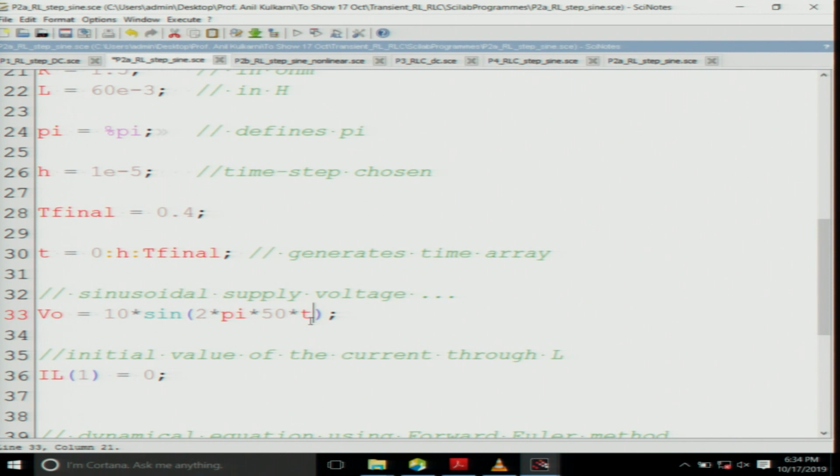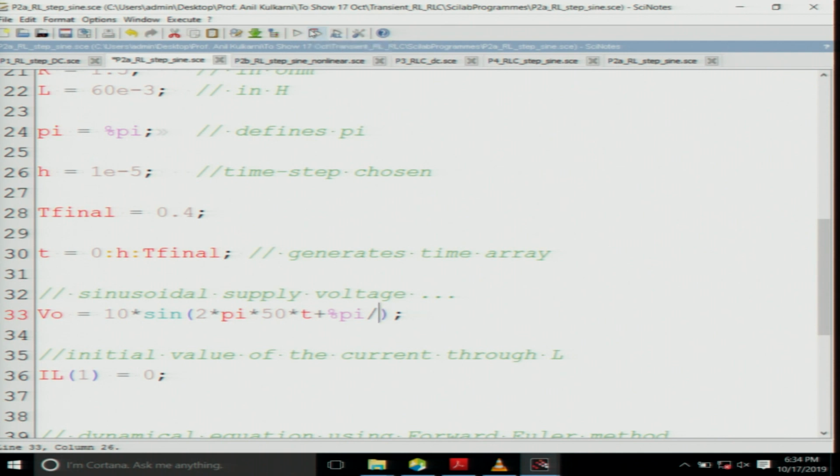We can just do it plus 45 degrees. So now this is pi by 4, you put 45 degrees.